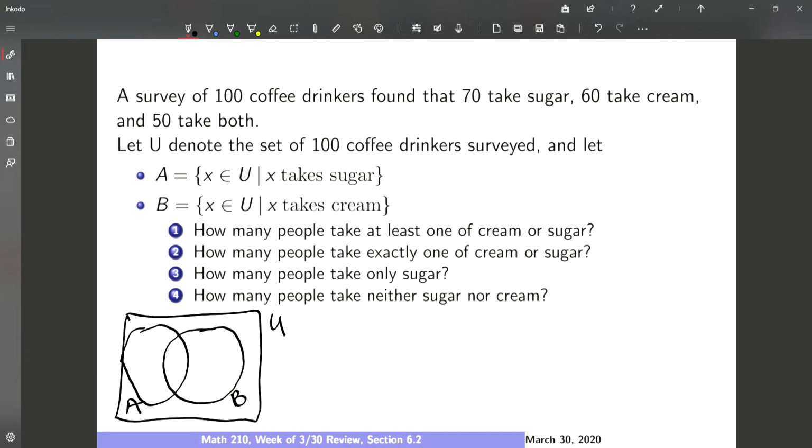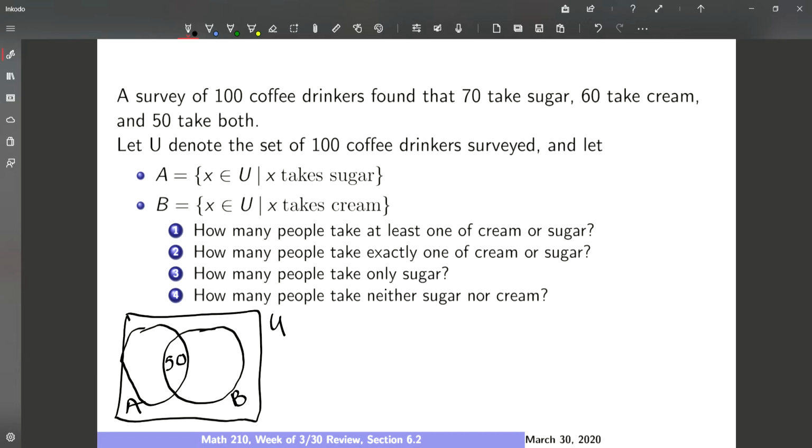So I want to come here and say, all right, so those 50 people, they go right in the middle because A is a set of people who take sugar, B is a set of people who take cream, and then A intersect B there is a set of people who take sugar and cream, and that's 50 of them.